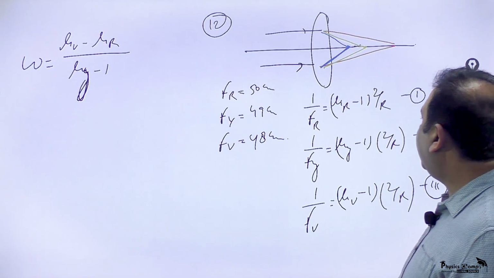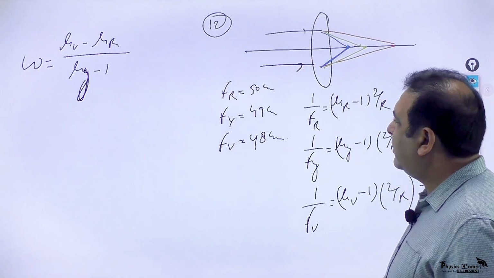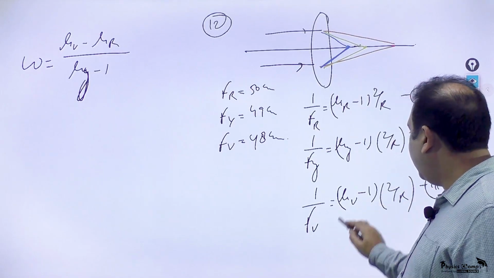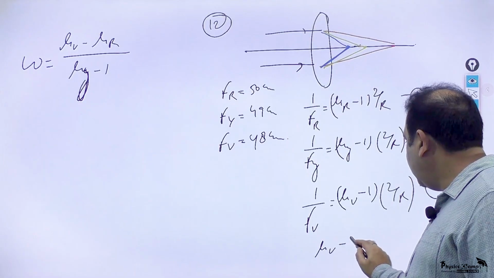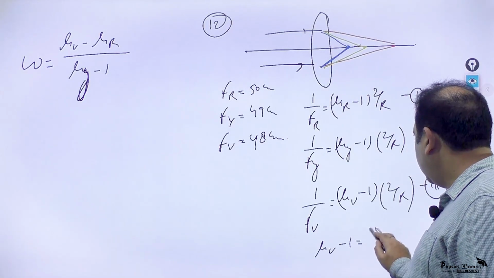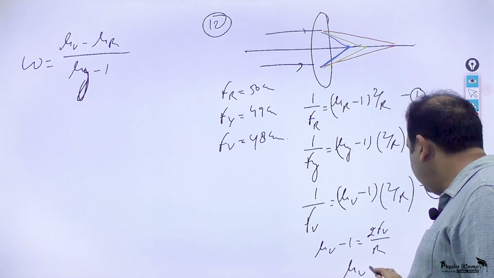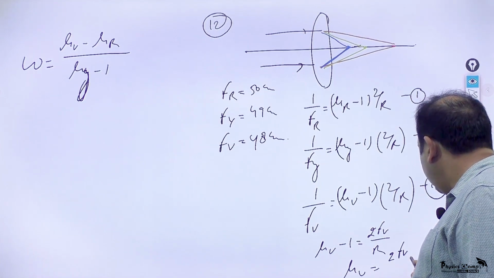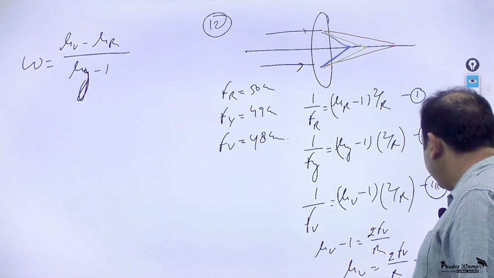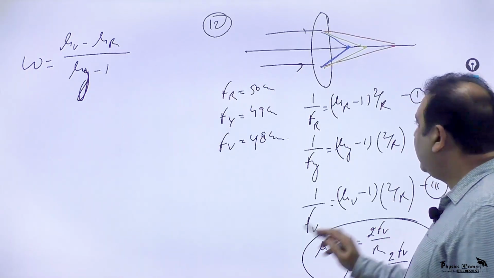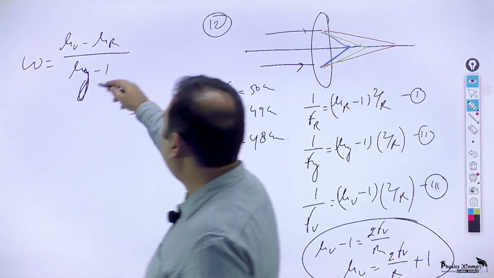So I can write mu v from here: mu v minus 1 will be 2fv by r, so mu v will be 2fv by r plus 1. This way we can write it, and similarly for mu r and mu y.